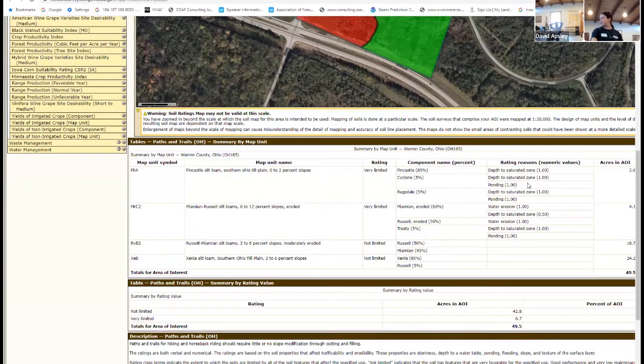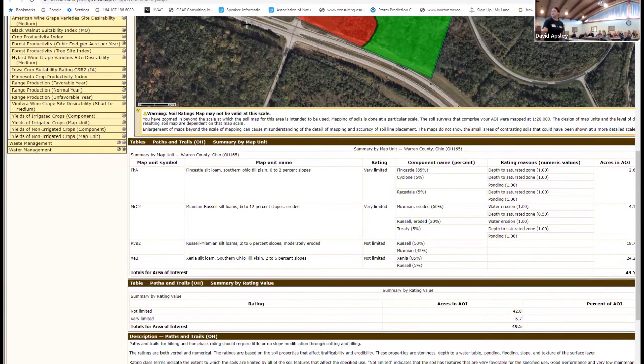Like this one, we are very limited on some of these because it will pond and it gets saturated. So your trail is going to be really mucky if you put it in there. You may have some erosion issues. Some of these other ones, there's no reason why it's not good. It'd be fantastic to put trails in.